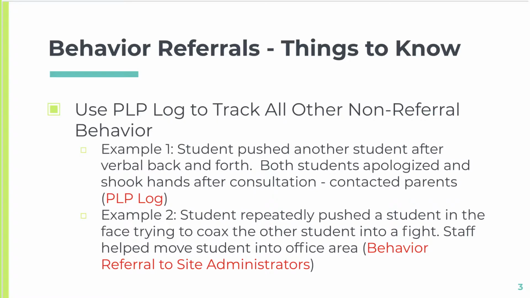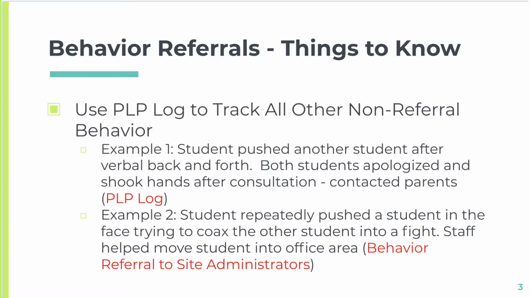we'll talk about the privacy part of it. But we want to make sure that we put that in the PLP log. That's for documentation. Now, in example number 2, if the students repeatedly push each other and they're trying to coax each other into a fight, and you have to remove the student from whatever area they're in into the office, that would be a behavior referral.